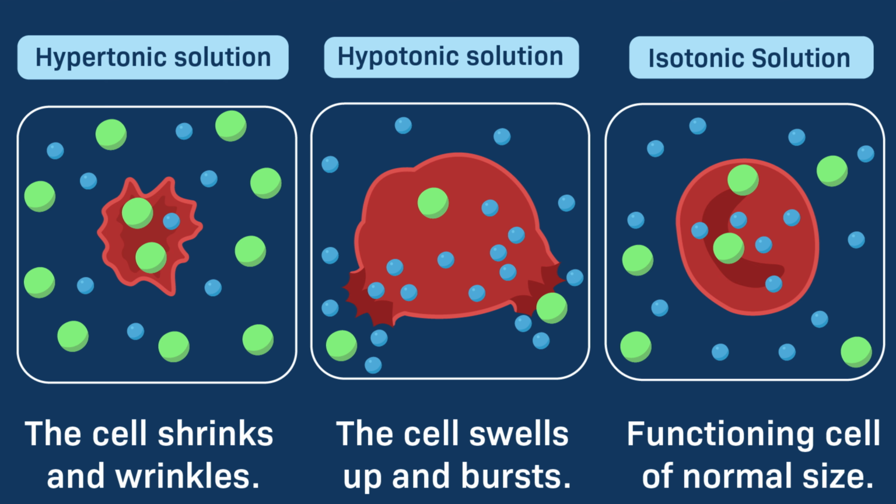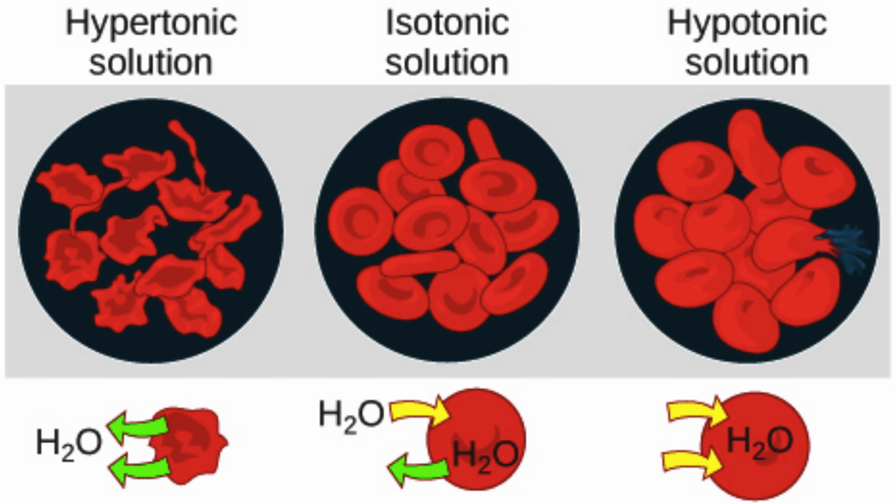Beyond physicochemical theory, osmotic pressure has profound biological implications. Cells are highly sensitive to osmotic conditions, which are commonly classified as isotonic, hypotonic, or hypertonic relative to intracellular environments. In hypotonic media, cells swell due to water influx and may undergo lysis, as observed in red blood cell hemolysis when extracellular osmolarity decreases significantly.